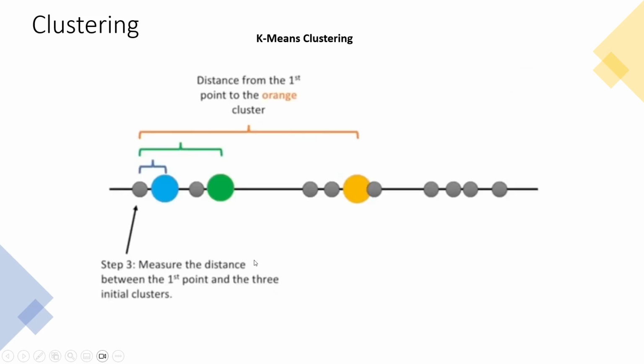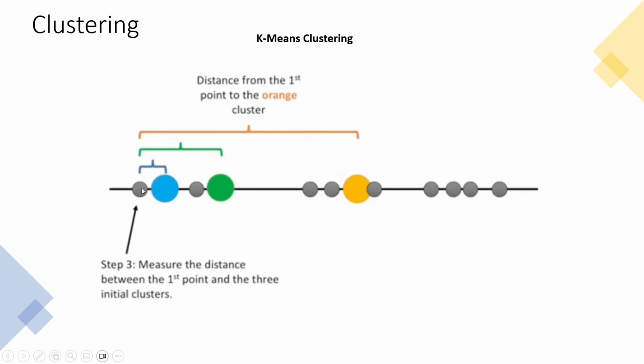Then for each point, we need to calculate the distance between that point and the cluster center. Okay, in this case, this is a 2-dimensional or one-dimensional example. So this is the distance between this sample and the cluster center of the blue class.